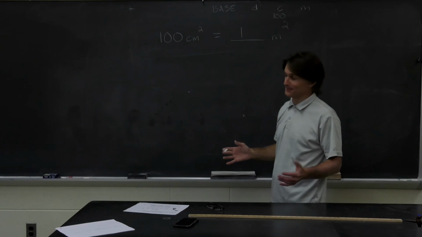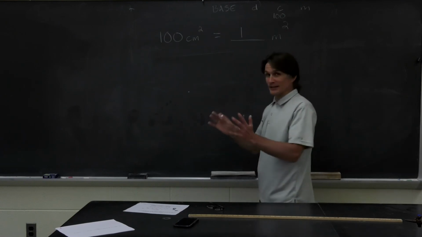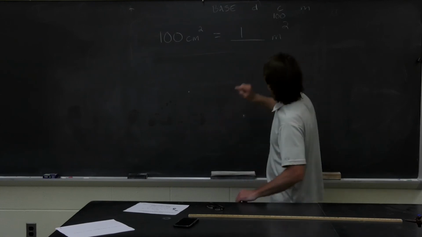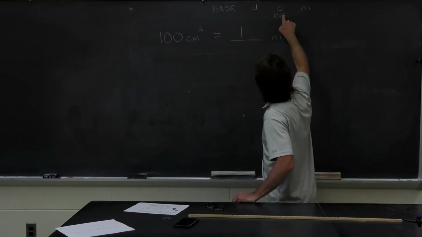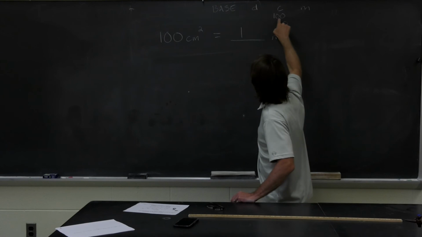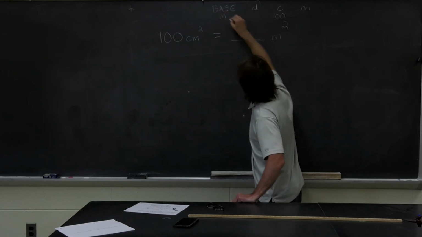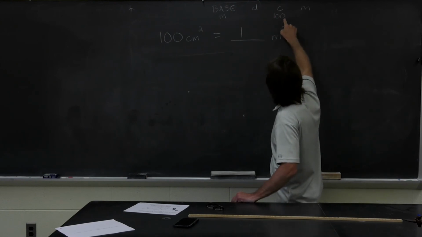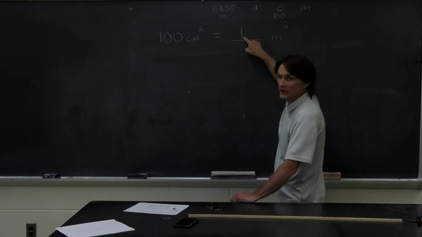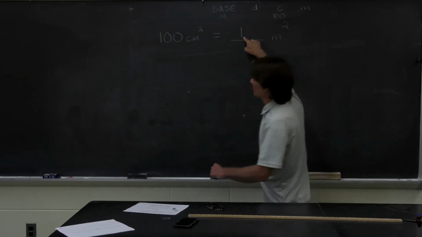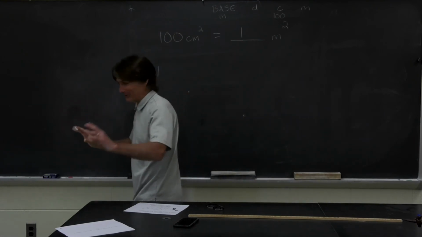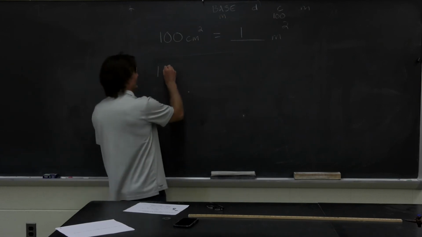You got fooled. If you wrote 1 in here, then you probably put your 100 in the centi space and moved to the base, which is your meter space. You move 2 spaces in this direction, so you move your decimal 2 spaces, and you got 1. Here's the problem with this type of thinking, though, which is good. You're not horribly wrong. You're just partially wrong.